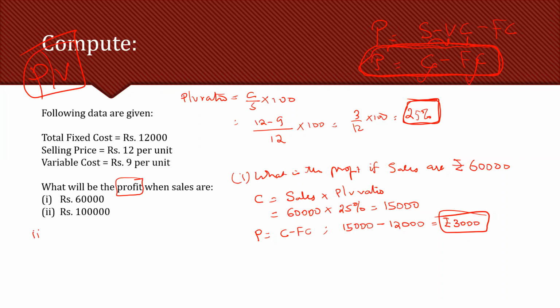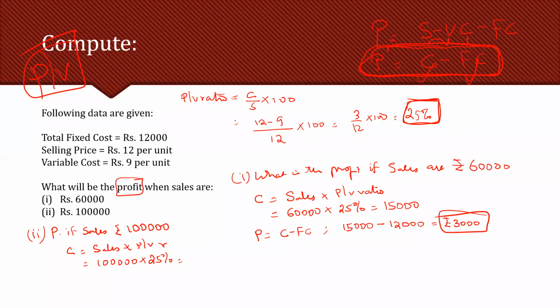Now the second case, profit if sales is rupees 1 lakh. Same procedure you can repeat. Contribution is sales into PV ratio. Sales is 1 lakh. What is the PV ratio? 25%.